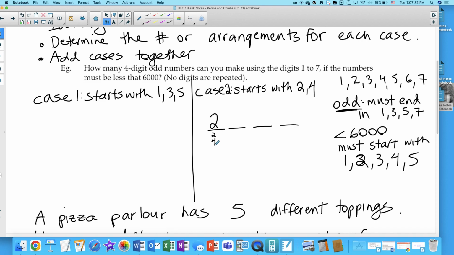And if I use a 2 or 4 up first, I have 4 different odd digits that I can put in here, right? So I can put in a 1, 3, 5, or 7. So this is 4. Now, there's 7 digits altogether. If I place the first and the last, I've used up 2 of them. So now when I go and put the next 2 in, there's 5 left, and then 4 left.